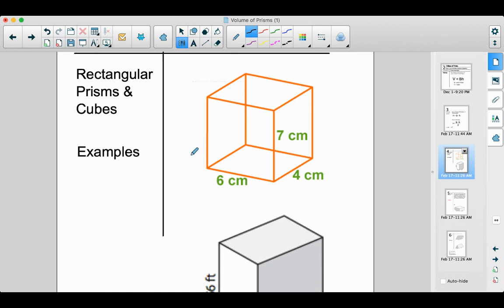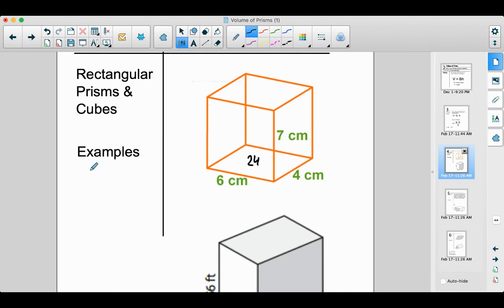Let's start with a rectangular prism. If I look at the base, it doesn't really matter what I consider the base. I'll just consider what it's sitting on here because that qualifies. We have an identical rectangle at the top as at the bottom. You could consider the front and back, or the sides. Doesn't matter. But let's consider the bottom. So the area of the bottom, which is 6 times 4, is 24.